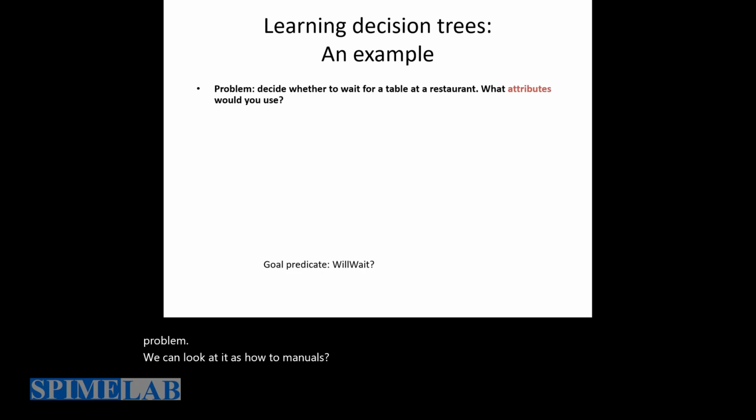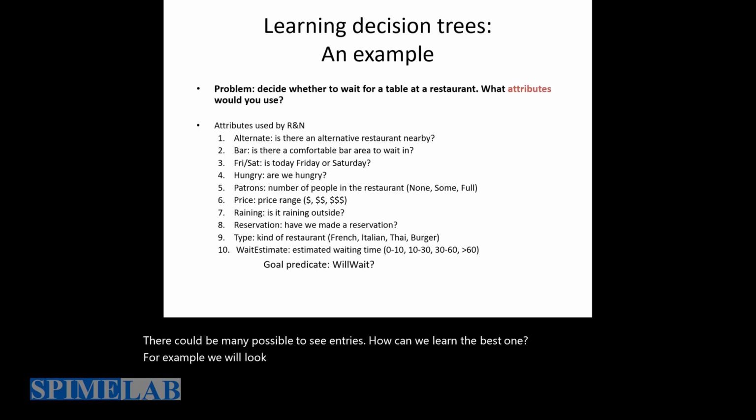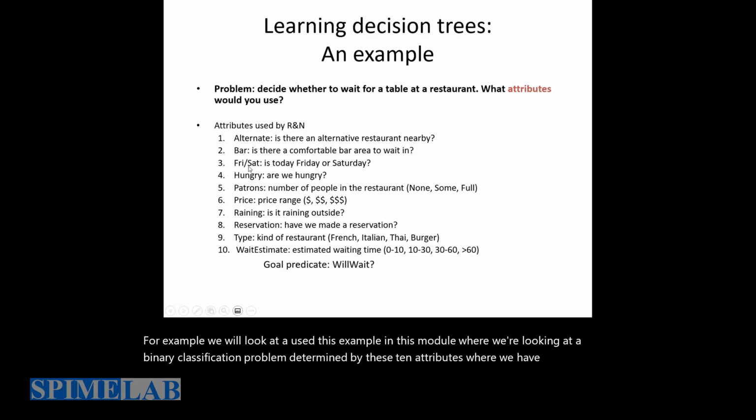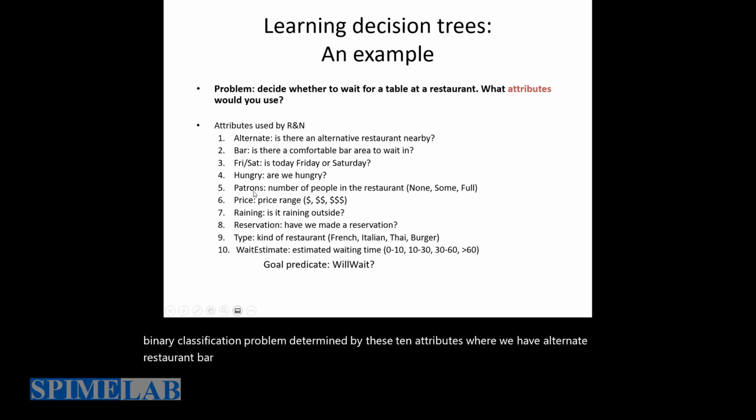So, given example data, how can we learn? There could be many possible decision trees. How can we learn the best one? For example, we will use this example in this module where we are looking at a binary classification problem determined by these 10 attributes: alternate restaurant, bar, Friday, Saturday, hungry, patrons, price, raining, reservation, type, weight estimate.